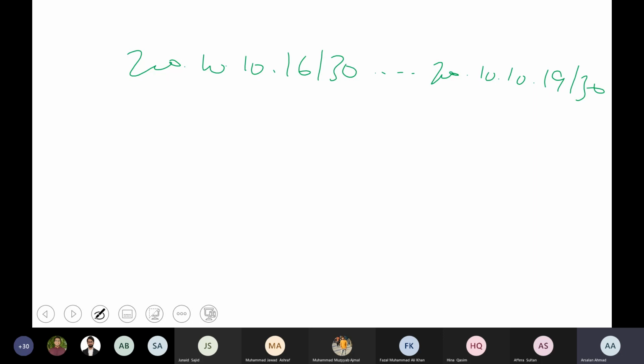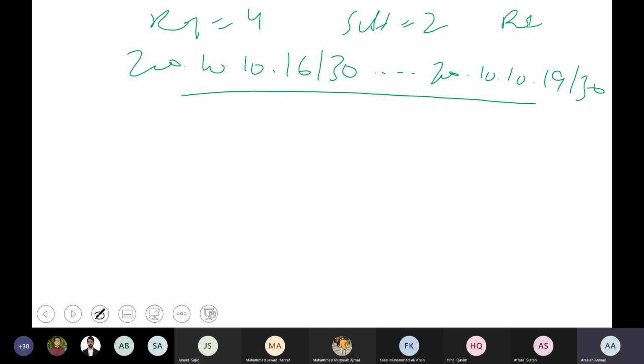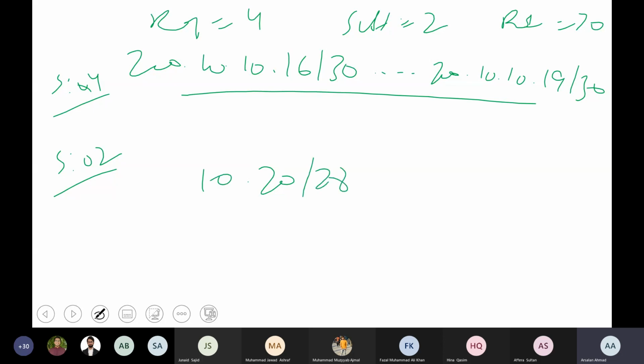And now if you want to assign to subnet 2, again it will be wrong, because subnet 4 was a small requirement of only 4 addresses. Suffix was only 2 bits and prefix was 30. The next requirement, subnet 2, will be a problem for you, because you will be giving address 10.20/28. Now this is wrong.